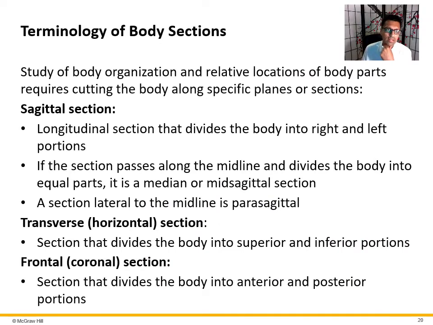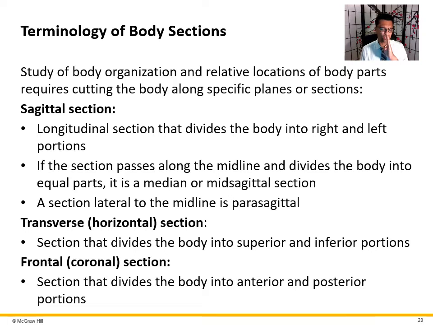Now, study of body organization and relative locations of body parts requires cutting the body along specific planes or sections. So a sagittal section is a longitudinal section that divides the body into right and left. So I'd be cut between right and left. That's called a sagittal section. If the section passes along the midline and divides, that's called the mid-sagittal.